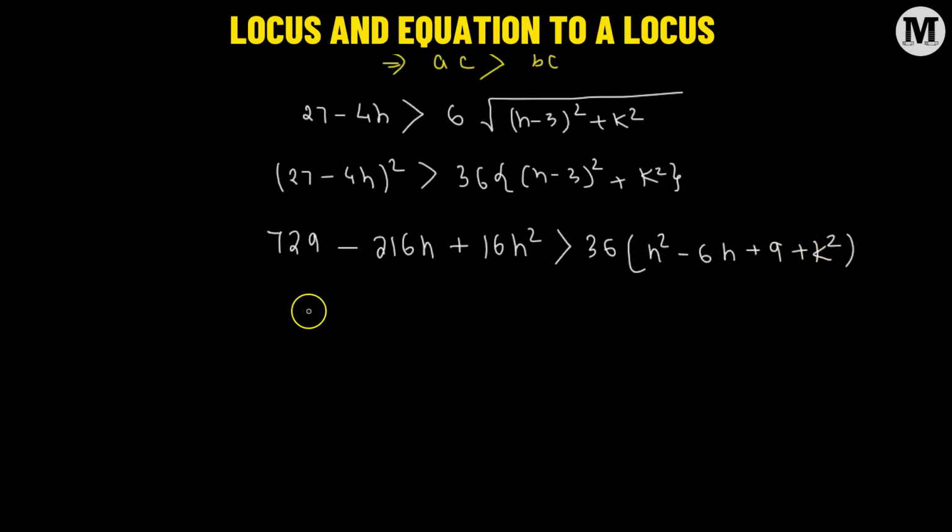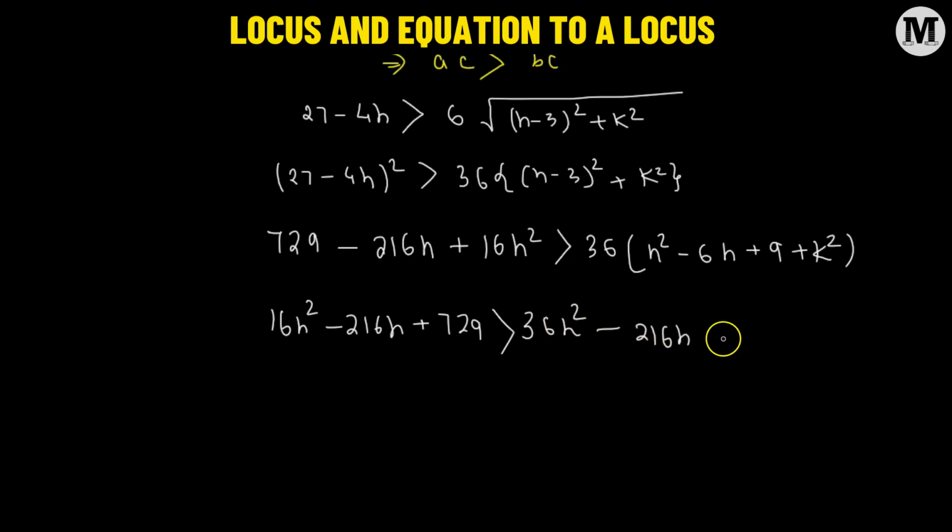Fine. So we have 16h squared minus 216h plus 729. That's going to be greater than 36h squared minus 36 times 6, so that's 216h, plus 36 times 9, which is 324, plus 36k squared.